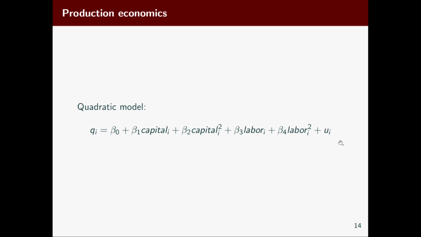We have data on outputs, and given some level of output, we know the amount of capital and labor used to produce it. Then we can create new variables, which are the square of capital and the square of labor. We can estimate this function and get estimates for beta naught, beta 1, beta 2, beta 3, beta 4. This is just the classic quadratic model that we've been working with.